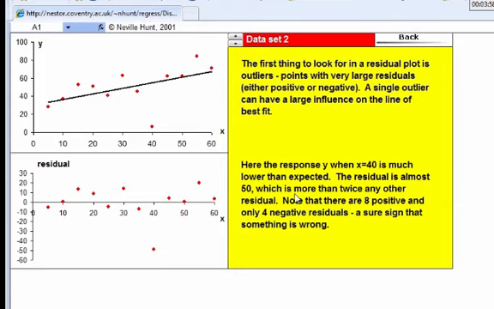Here, the response y, when x equals 40, is much lower than expected. The residual is almost 50, which is more than twice any other residual. So this is a sign that something's wrong, and we maybe shouldn't be using a linear model.